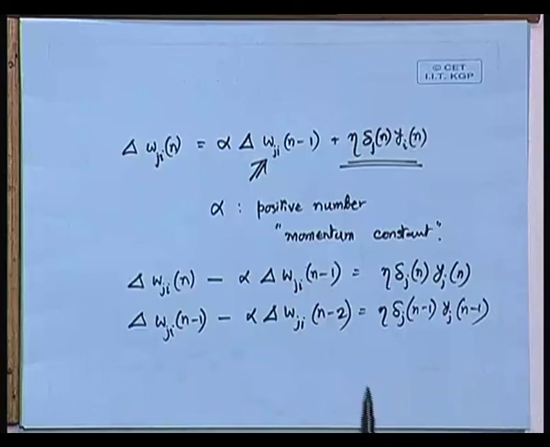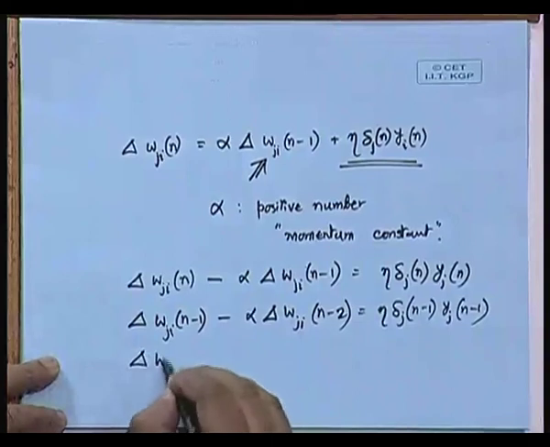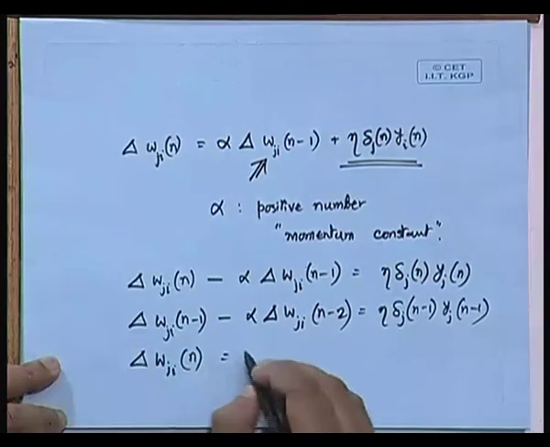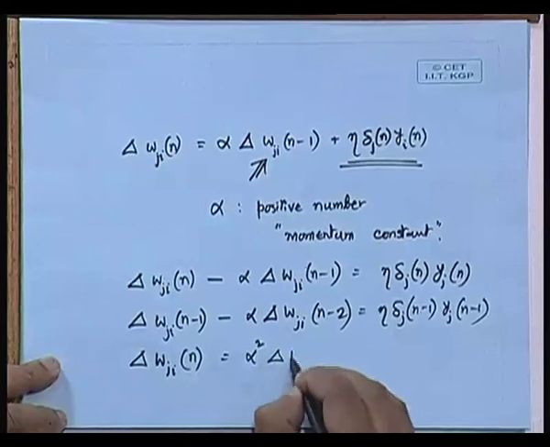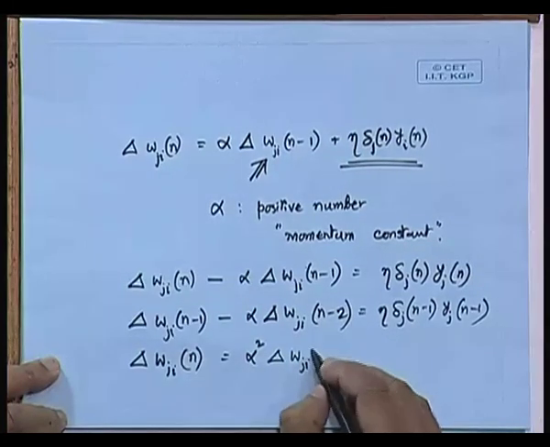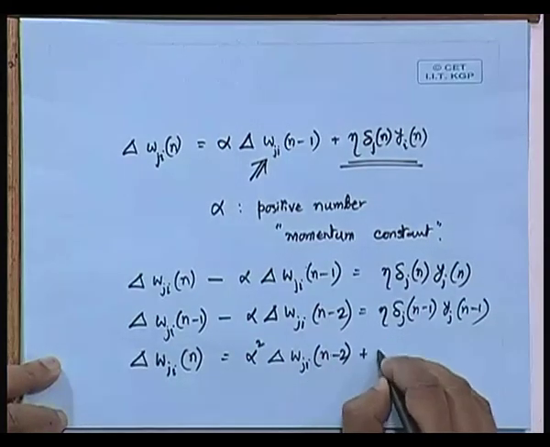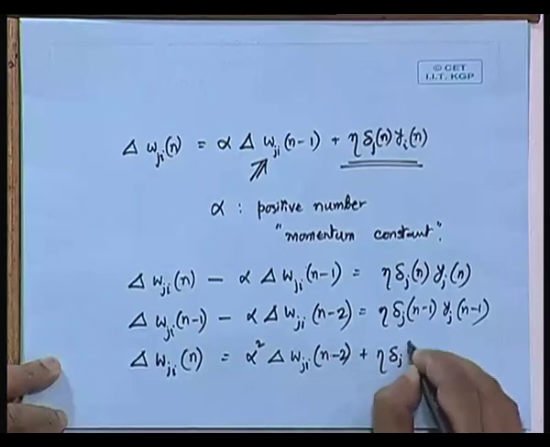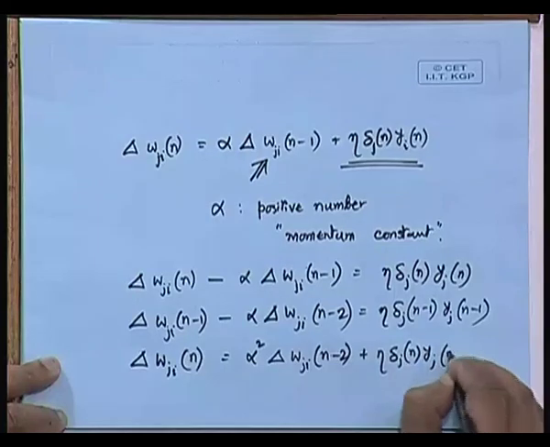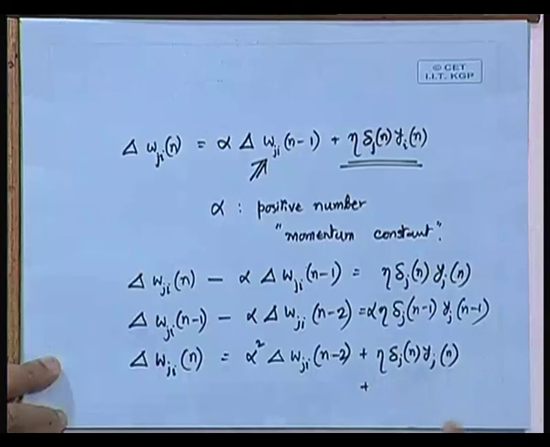We can shift the delta Wji(n minus 2) term from the left hand side to the right hand side, and in that case delta Wji(n) will become alpha square delta Wji(n minus 2) plus eta times delta j(n) yj(n), plus eta alpha times delta j(n minus 1) yj(n minus 1).